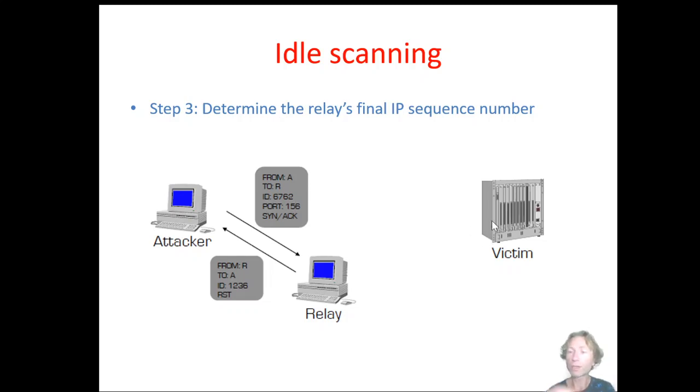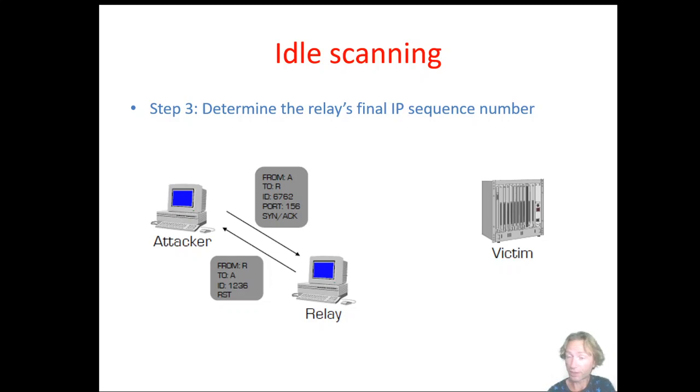Okay. Why is this good? Well, the victim never sees any traffic from a suspect site. It never received, as far as it could tell, any data from the attacker. It's always coming from the relay. This is known as an idle scan, because for this to work, this machine here must be relatively idle, right?